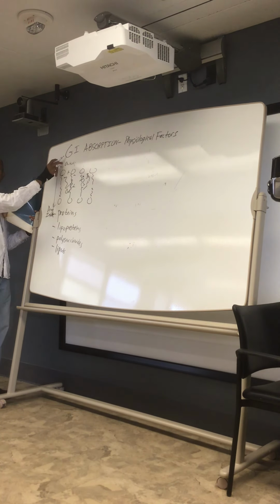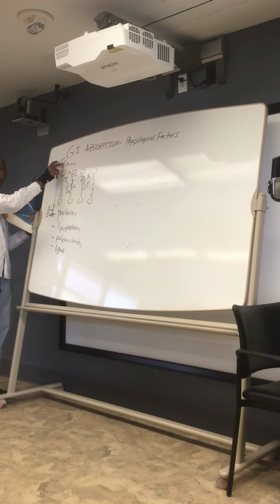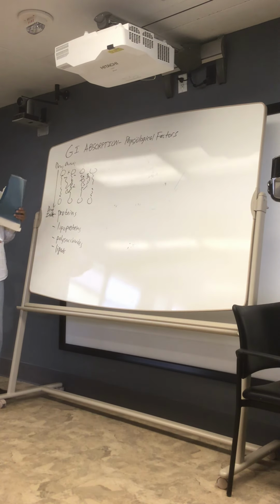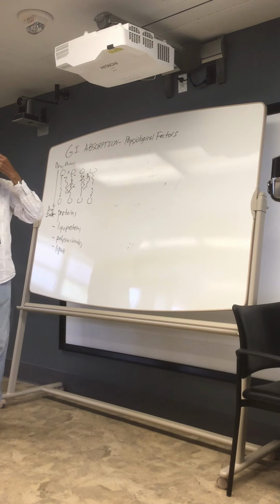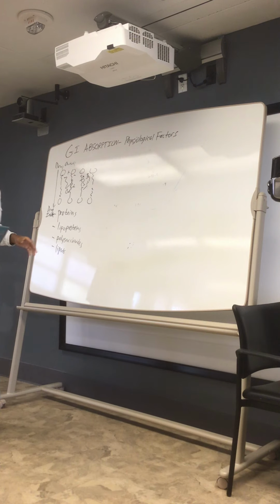If I start out over here with a low concentration, it's not going to go across that membrane by passive diffusion. It might go by active transport, but passive diffusion depends on drug movement from high concentration to low concentration. That's that so-called concentration gradient that you've talked about in other courses.